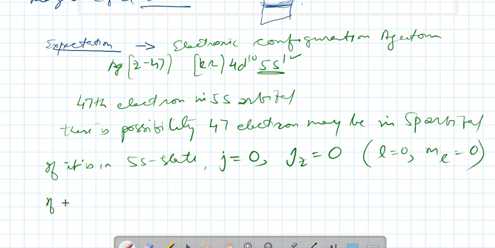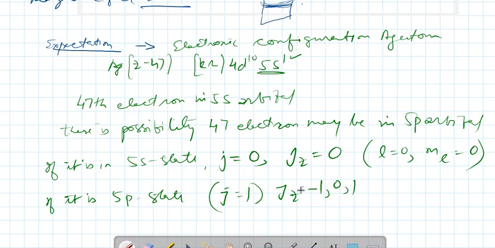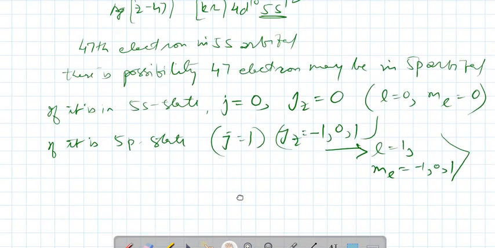And if it is in 5p state, then J is equal to 1, and Jz has possible values of -1, 0 and 1. There are 3 possible states, or in other words I can write it as L is equal to 1 and ML is equal to -1, 0 and 1, right? Both are representing one and the same thing.